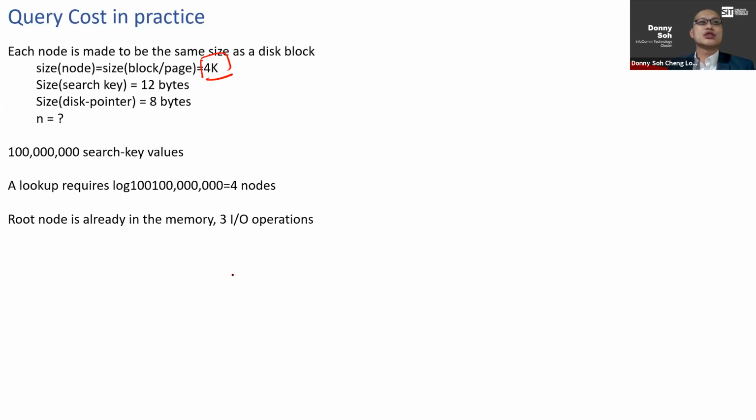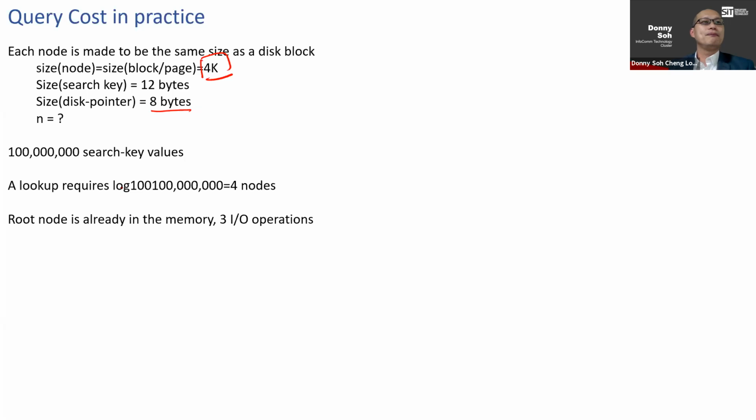The size of the search key we put to be 12 bytes, and the size of the disk pointer we take to be 8 bytes. Right now, we are going to ask what is the value of n.